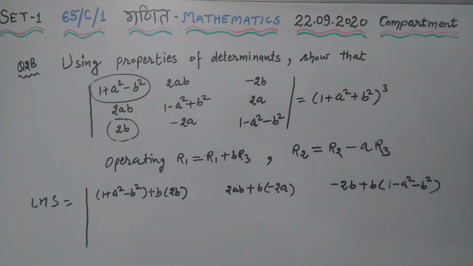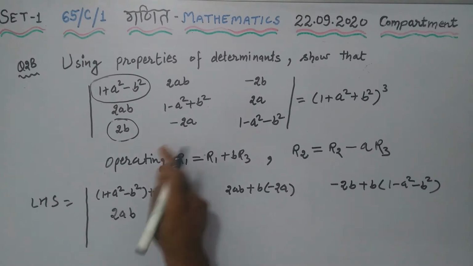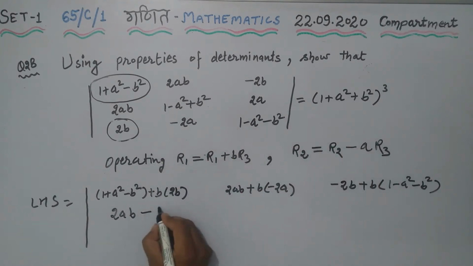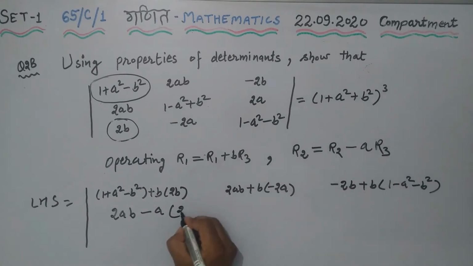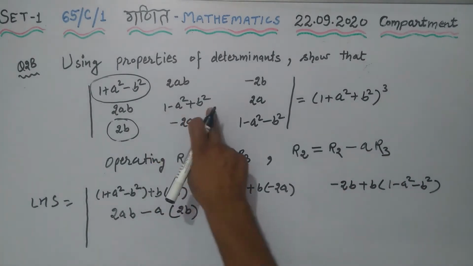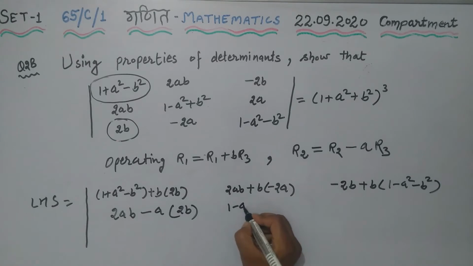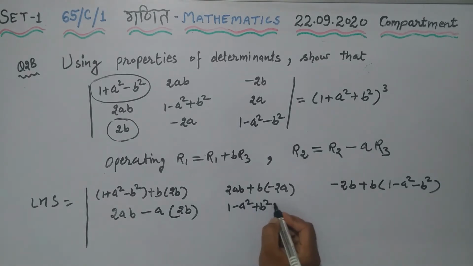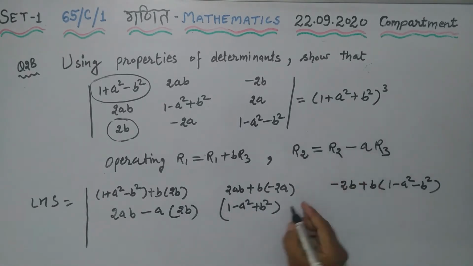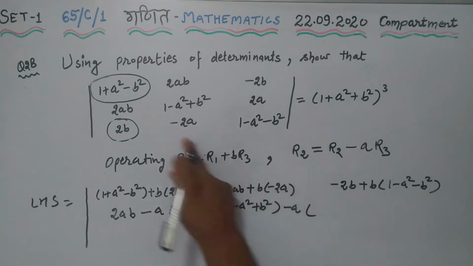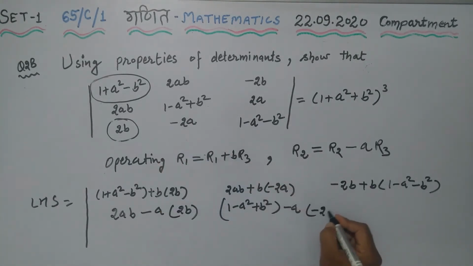Now what we are doing here, 2ab as it is minus a into R3 that is 2b. Here 1 minus a square plus b square minus a into minus 2a.